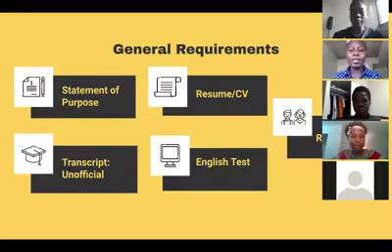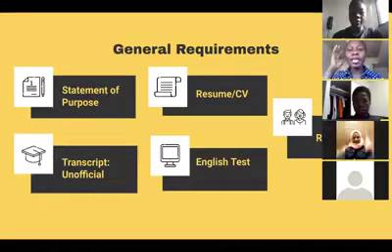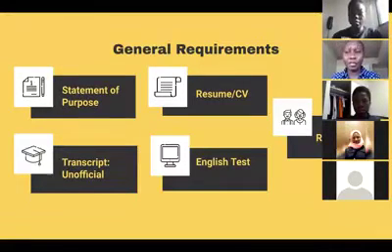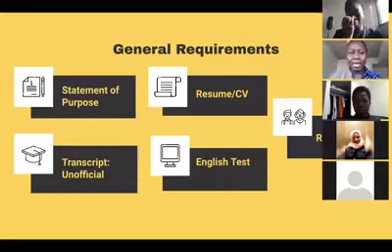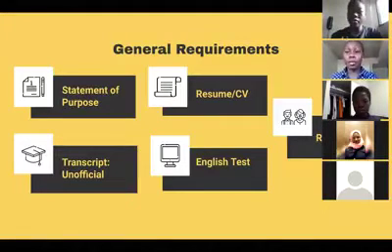Then the next one is transcripts. So you make sure you have your transcript. At the application stage, you don't need an official transcript. But when you get your admission, they give you a conditional offer. The condition is you have to send your official transcript, and then you would get your final offer.